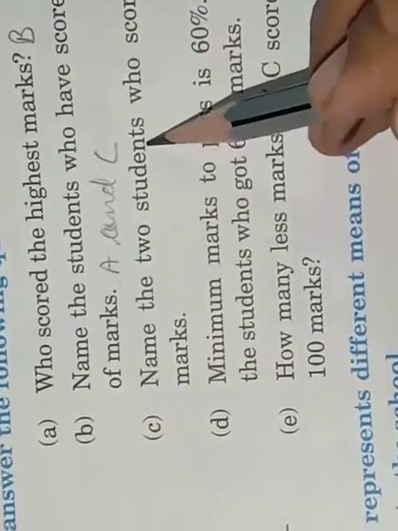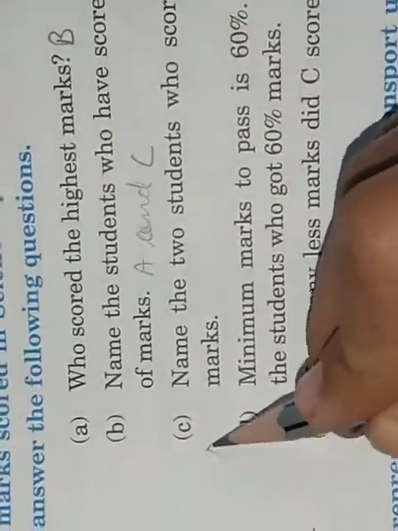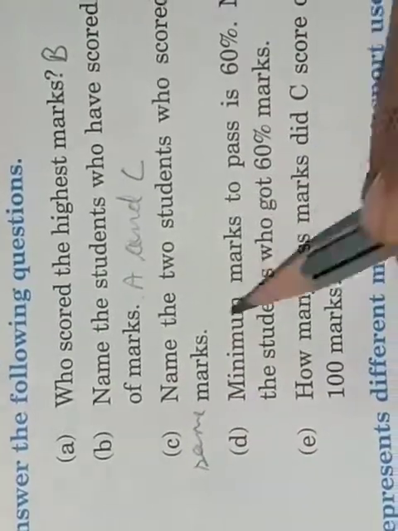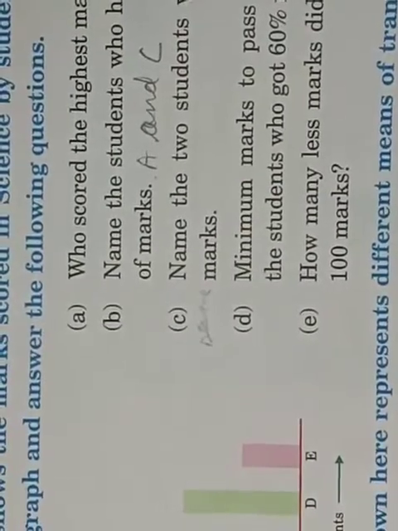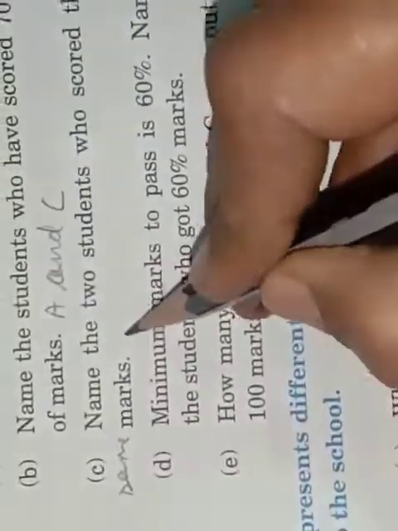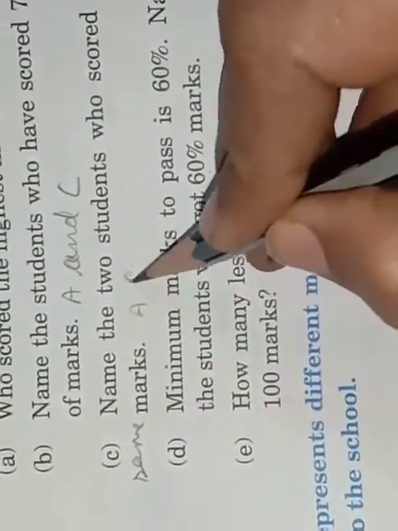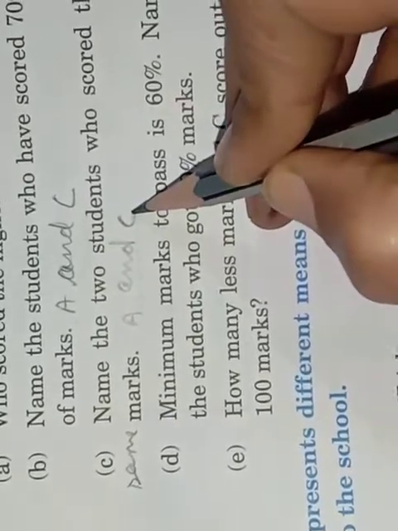Okay. Now, question number C. Name the two students who scored the same marks. Here will be the same marks. So, the answer will be A and C, who got 70% marks. Okay.